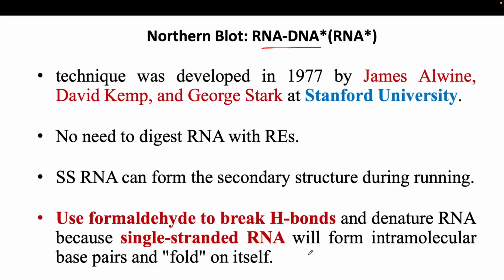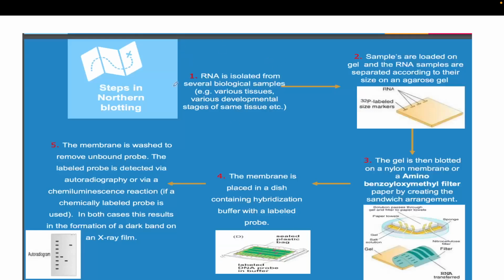So we mix formaldehyde into the gel when running RNA, so that it can't form intramolecular hydrogen bonds. Apart from that, Northern blotting is almost similar to Southern blotting.